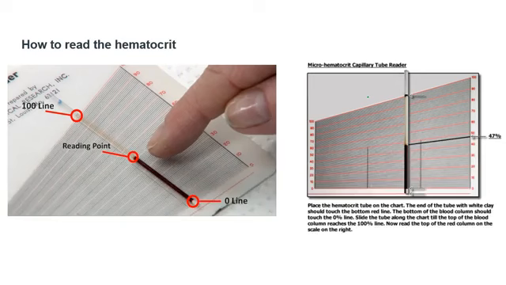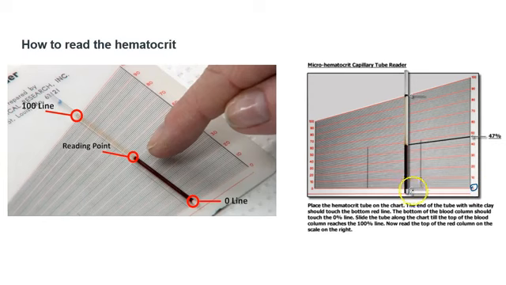Okay, and then it's important to read the hematocrit. We use the microhematocrit capillary tube reader to read the hematocrit. It's important to place our hematocrit tube on the chart properly. Make sure that the bottom of the blood, which was red, touches the 0% line.